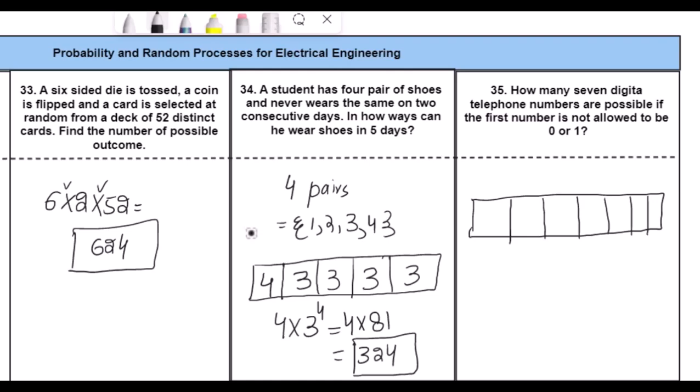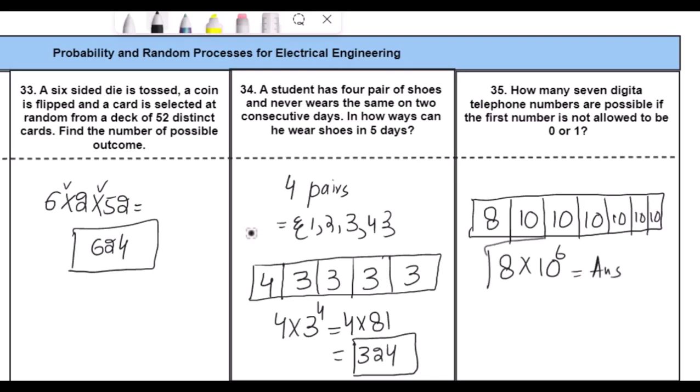So 2 will be left here, so I will have 8 choices here. How many choices do I have in the second place? 10. In the third place again 10, fourth place 10, and 10 here, 10 here, and 10 here. Again this is a combinatorial problem. So 8 multiplied by 10 raised to power 6 is the answer here.